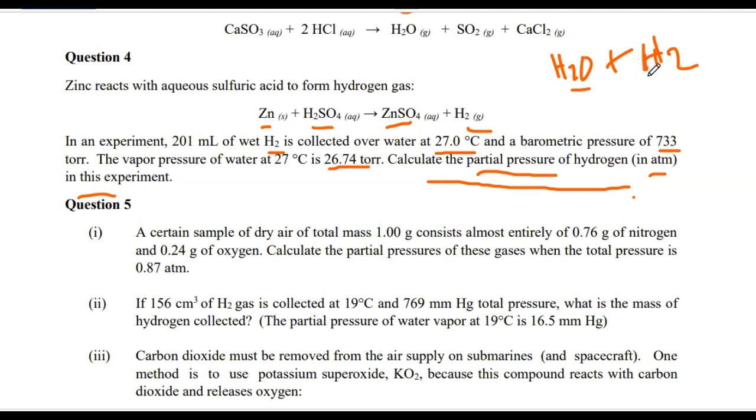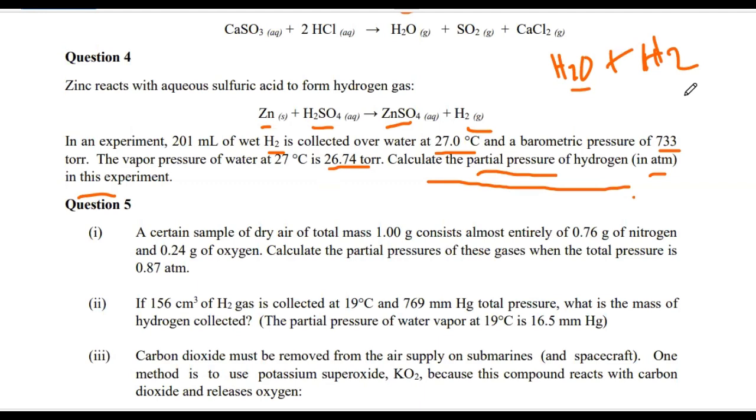The partial pressure is the pressure that this hydrogen gas will exert on its own, without including the vapor. Or you can say it is the pressure that the vapor will exert without the hydrogen contributing.